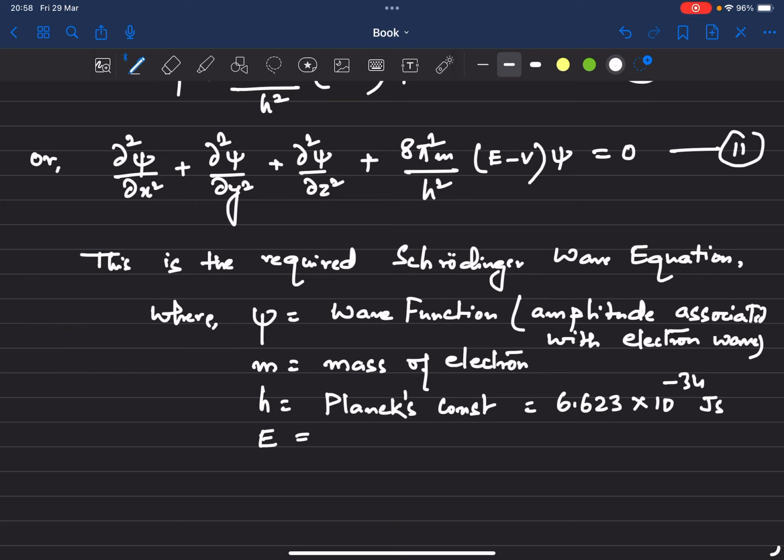We have just now described it. It is the total energy of the system, the electron wave system that we were studying. What is V? V is the potential energy of the system.